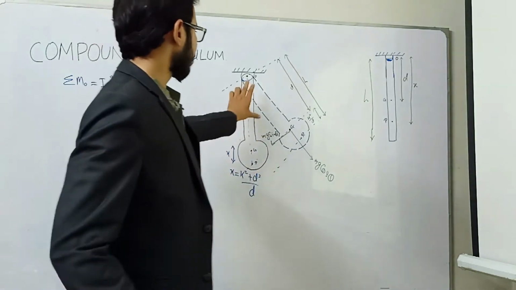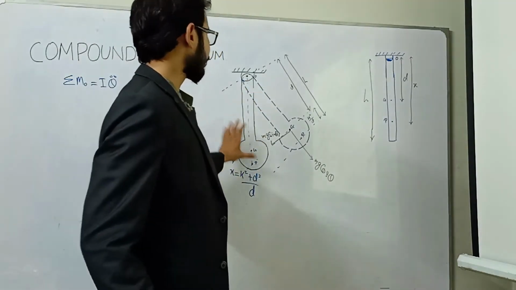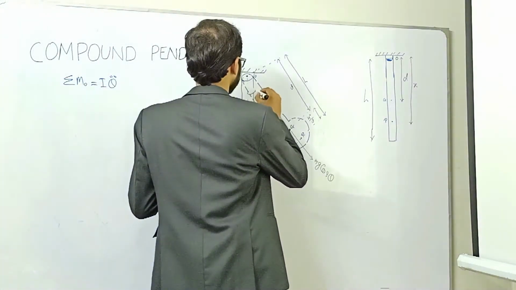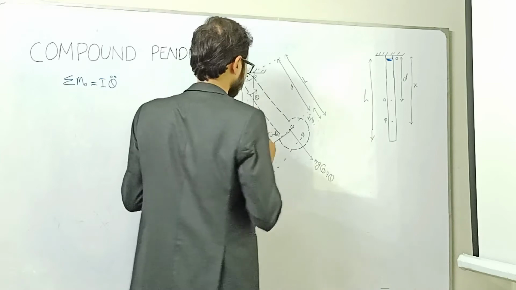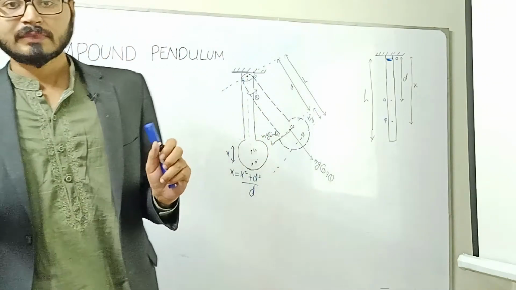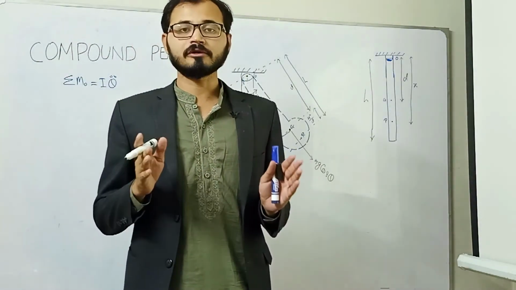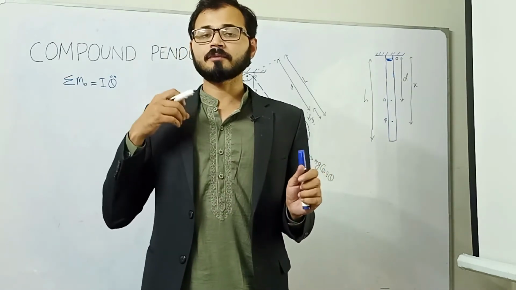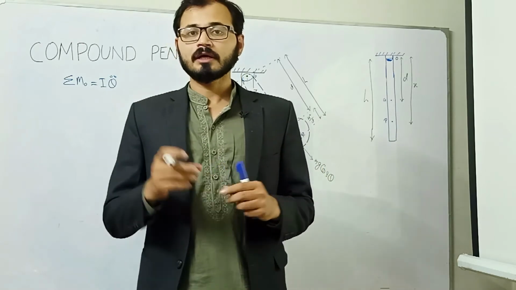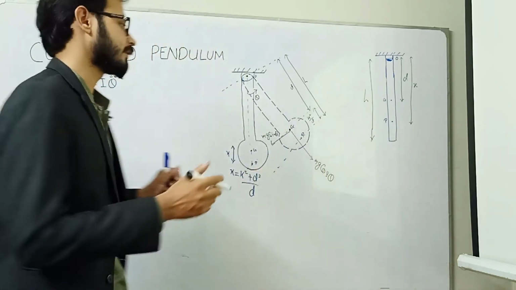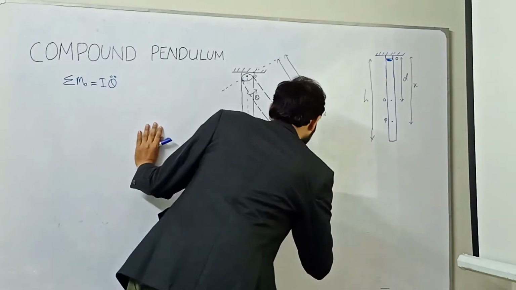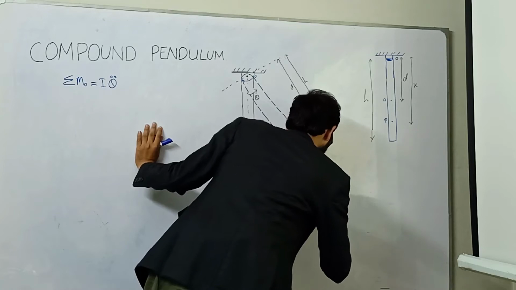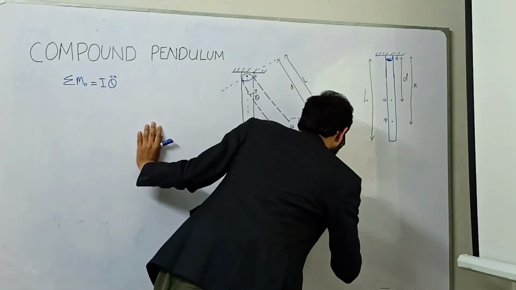This compound pendulum is displaced from the equilibrium position by giving it an angular displacement of theta. This is a very small angular displacement, such that sin theta is approximately equal to tan theta, and that is approximately equal to theta.